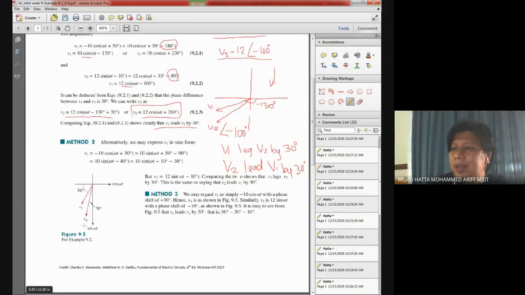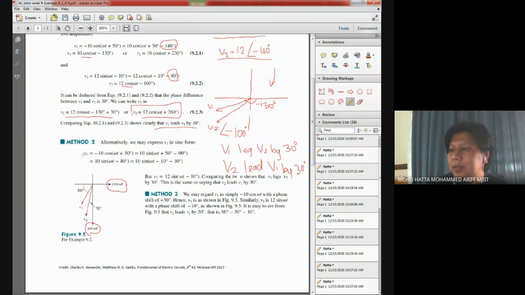But here, the way they represent the graphical representation is in terms of the axis over here represented by cos omega t, and the y-axis here represented by sine omega t.